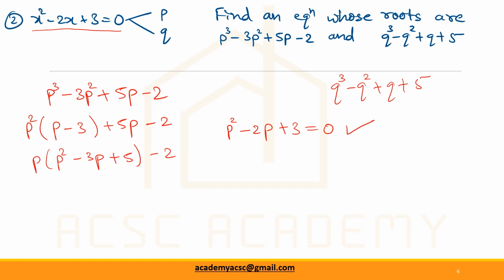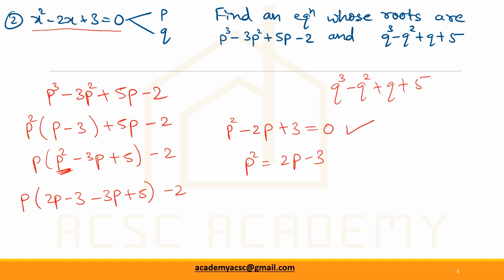Let us convert this into p squared equal to 2p minus 3. And if we use this particular value of p squared over here, then we will be able to reduce its degree by 1. So let us write this, p q equal to 2p minus 3 minus 3p plus 5 minus 2.